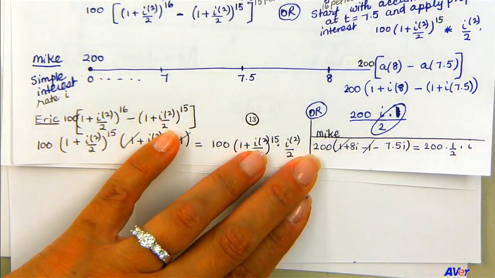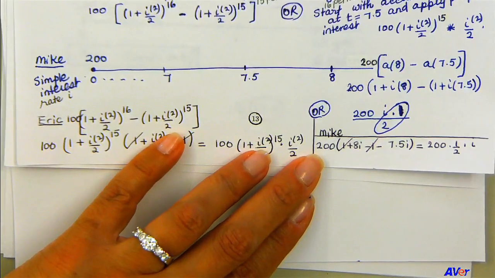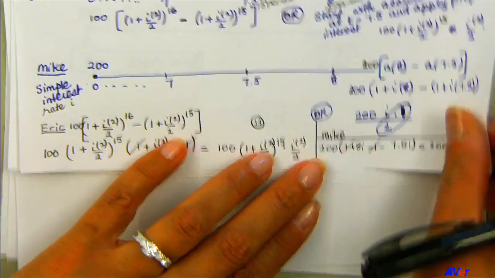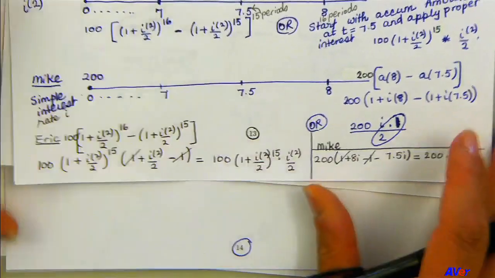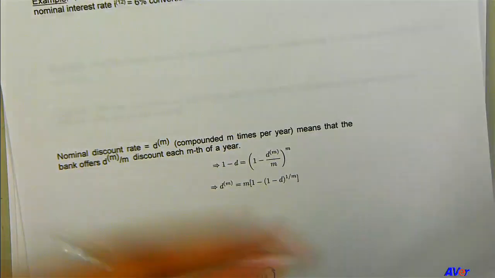So it's all good. Whether you look at it as A of 8 minus A of 7.5, or just as a half a year's simple interest, of course you're going to get exactly the same statement here. Everybody okay with this? Okay, now let's go to the next page, page 14.